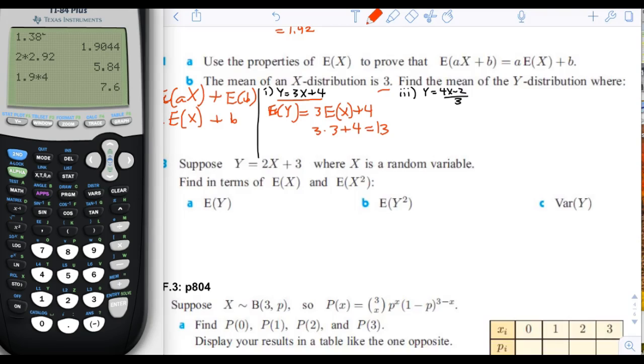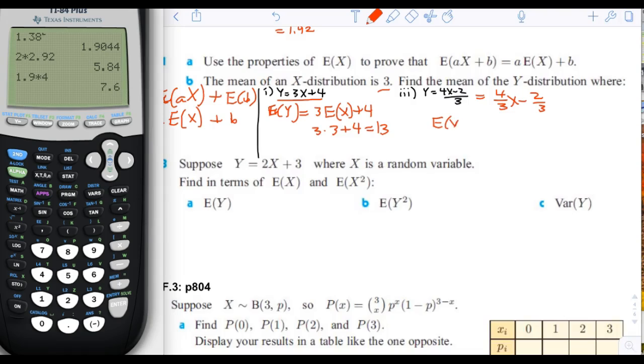For this next one, we have y equals (4x minus 2)/3. And in this case, I think the easiest thing to do is distribute the 1/3. So if the random variable x is always going to be multiplied by 4, subtracted by 2, and divided by 3, that's the same thing as multiplying it by 4/3 and subtracting 2/3. So now we can approach it the same way as before.